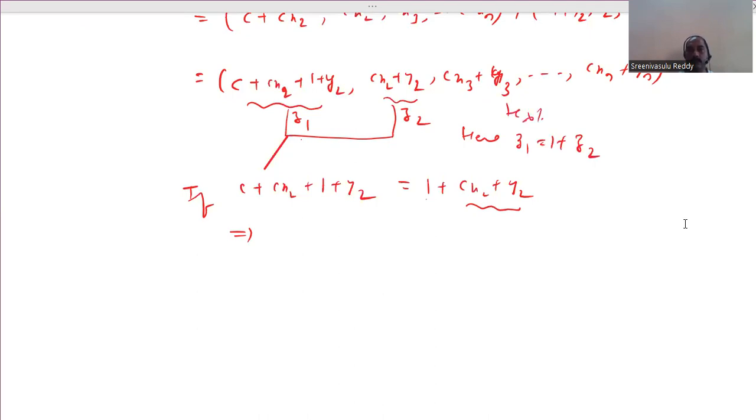Test whether z1 equals 1 plus z2. In z1 we have 4 terms, in z2 we have 3 terms. 1 and 1 match, y2 and y2 match, cx2 and cx2 match, but here c is there additionally. c is a scalar, which may be 0 or non-zero.